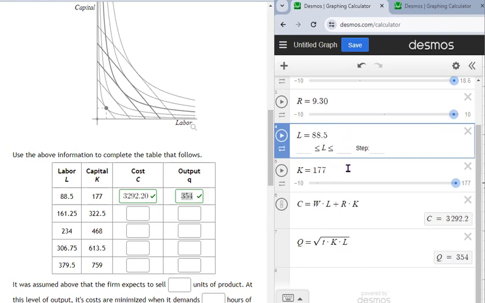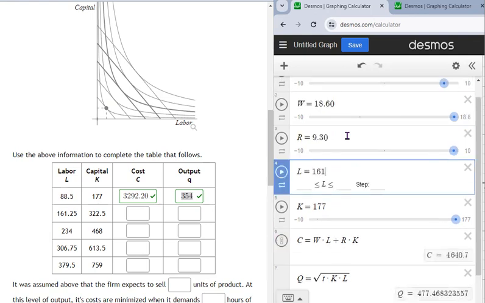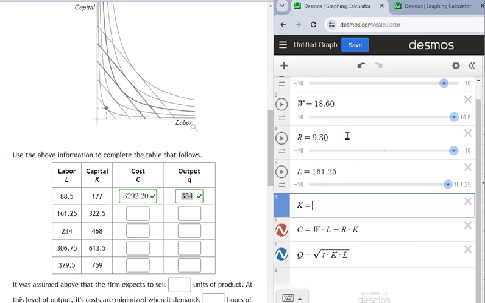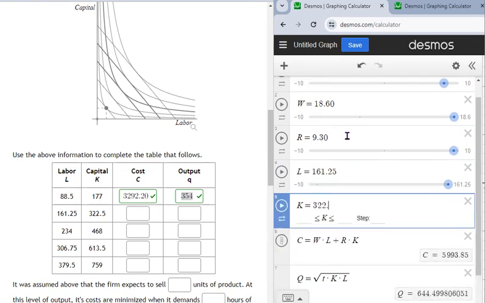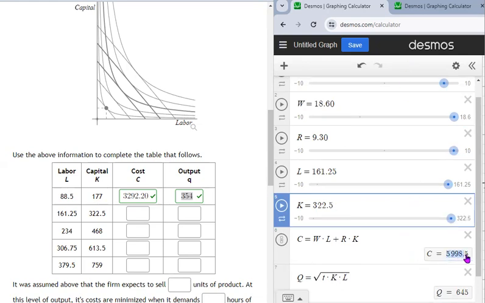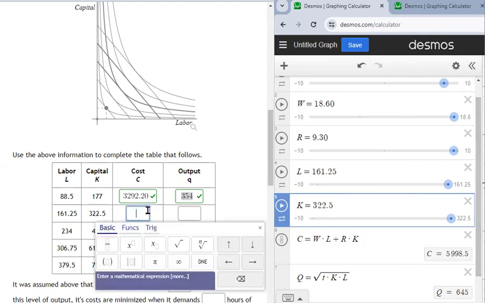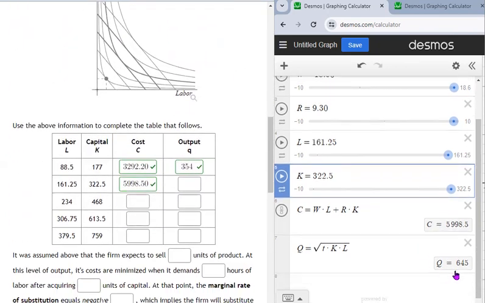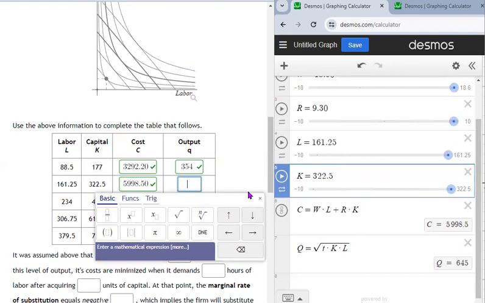So let's find out what happens when we increase labor to 161.25 and capital to 322.5. Okay, that cost is $5,998.50, right? And the output is 645.